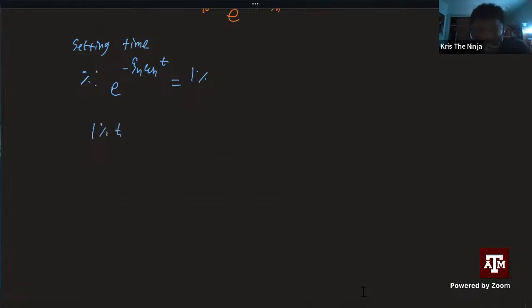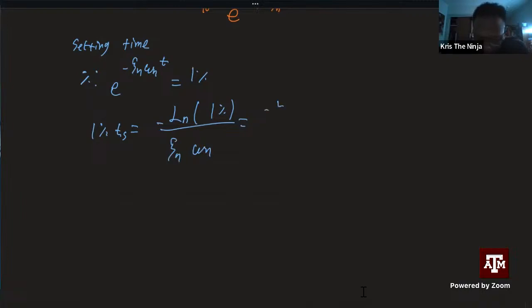minus natural log of the percentage, so 1%, over zeta n omega n, which in this case is minus 4.6.